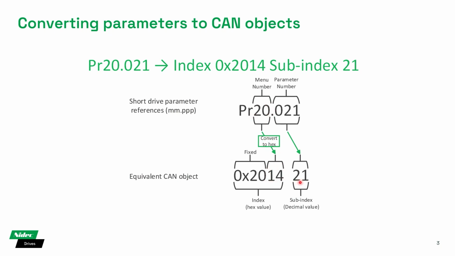Then for the sub-index, it's much more convenient just to pass the decimal value through, because the PDO mapping interface allows you to enter hexadecimal or decimal values. So you might as well just use the feature of being able to enter a decimal in this case.